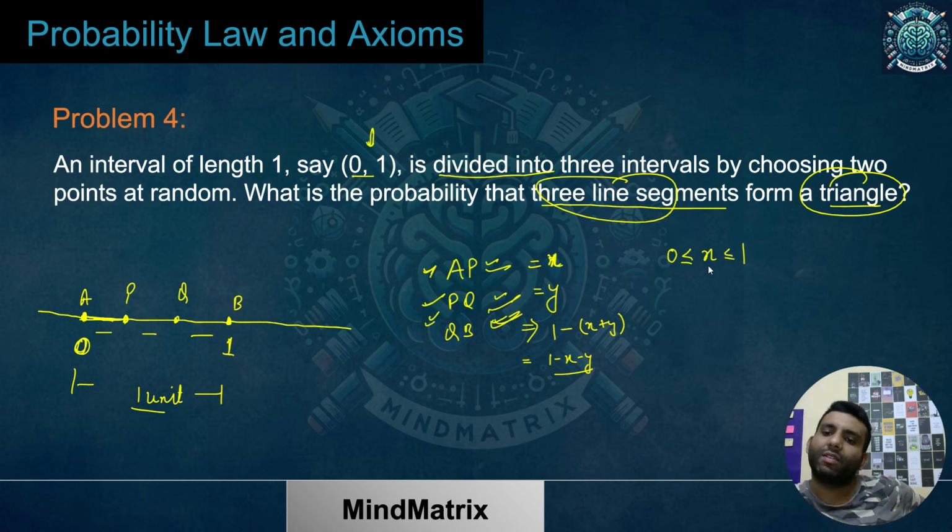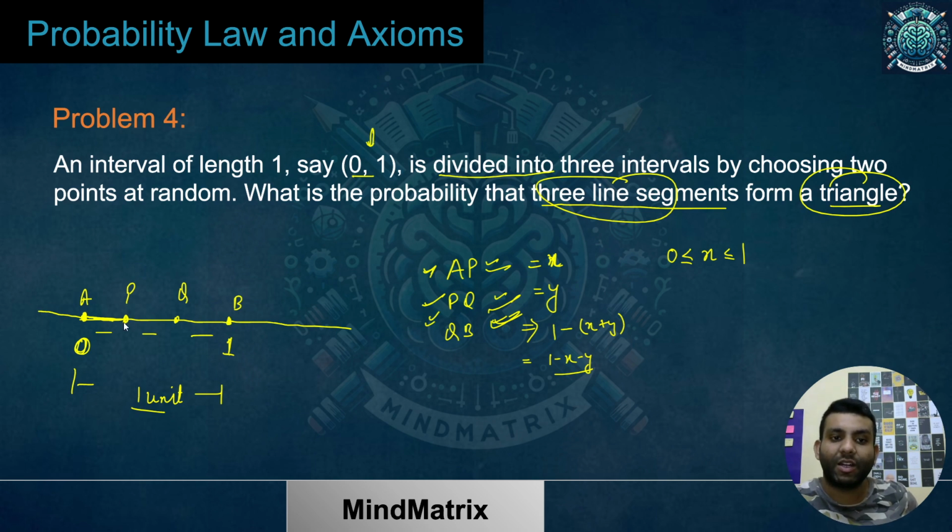Can I say X can be 1 as well? If I put point P here, then Q also has to be here. Yes or no? Because I needed 2 points at random, so those points can also be on the same point. Those points can coincide as well.